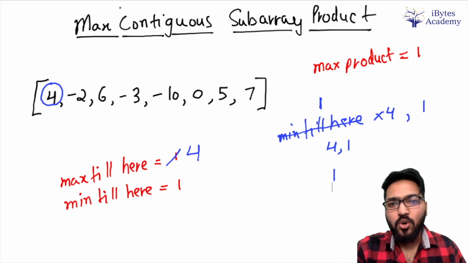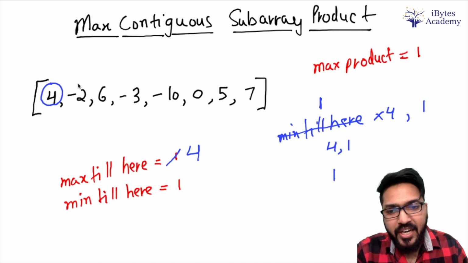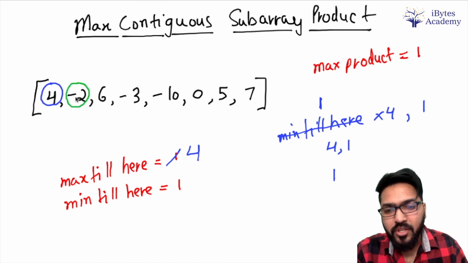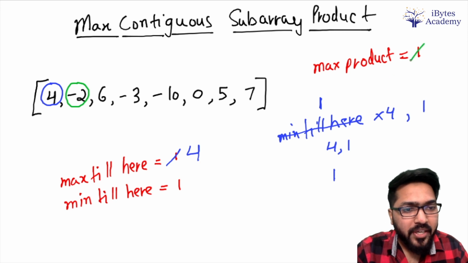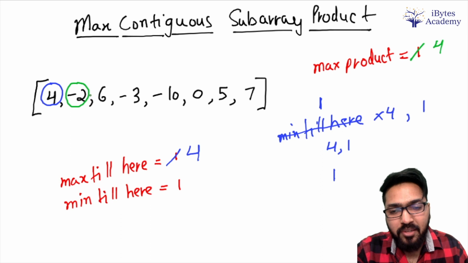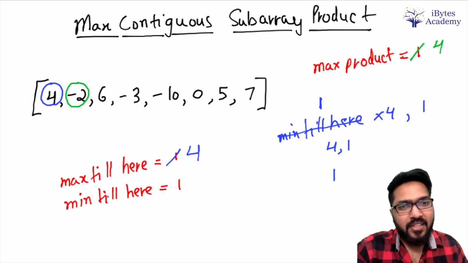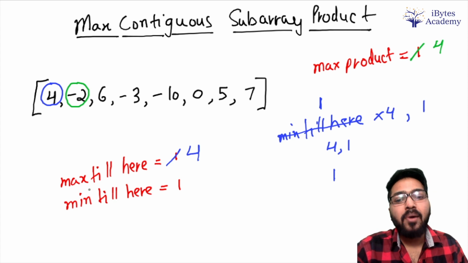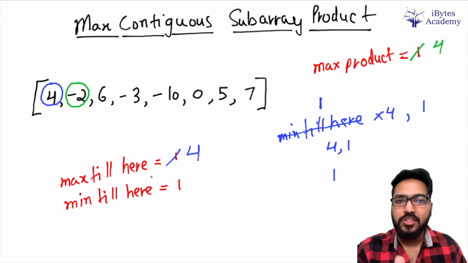Now let's see what happens when a negative number comes. Also, I should have updated it to 4, right? Whenever a negative number comes, I expect that my min till here might be a negative number, and my max till here is always going to be a positive number.